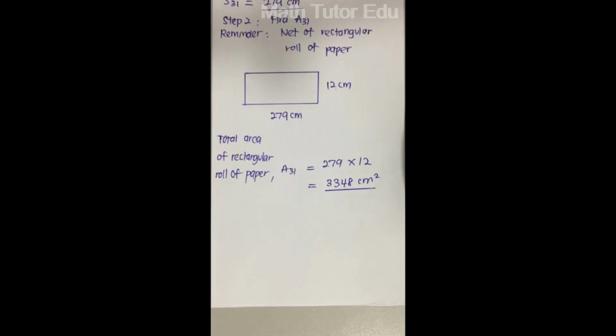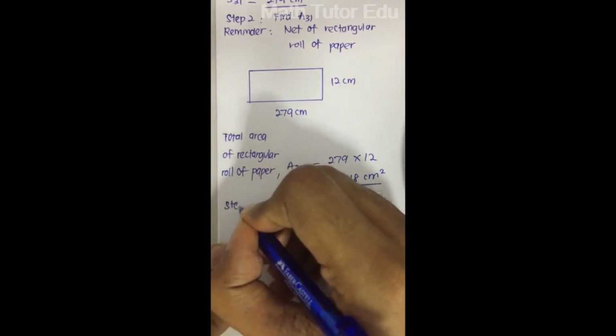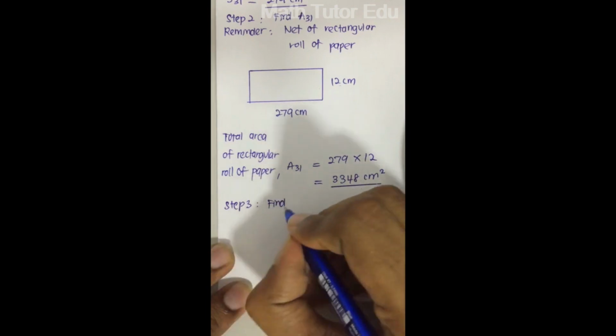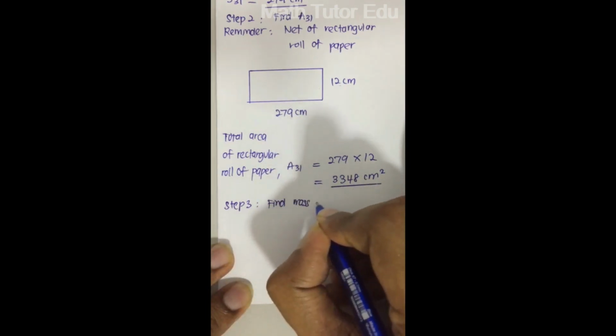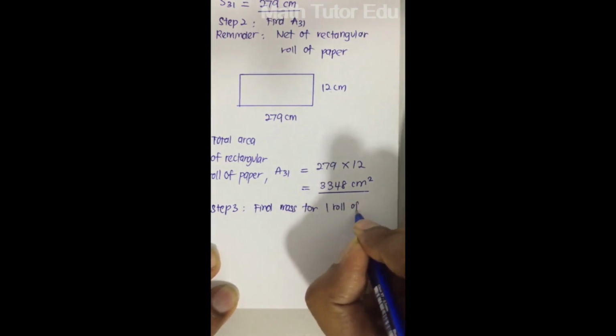How can we find the mass of one roll of paper? They already give us in the question that the mass of the paper per centimeter square is 4 times 10 to the power of negative 5 kg. So from here, step 3, find the mass for one roll of paper.